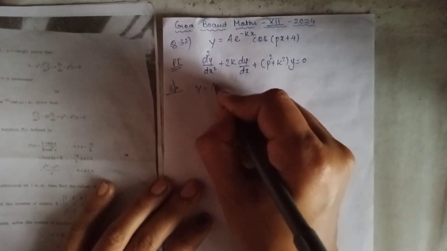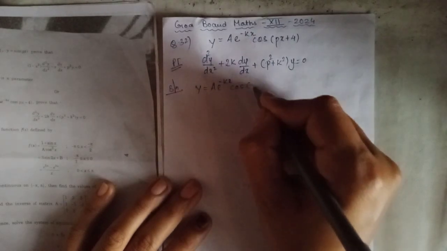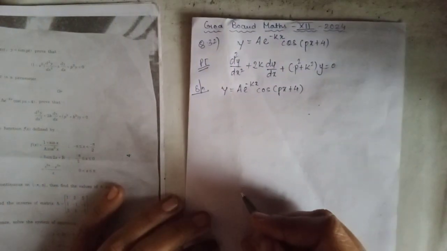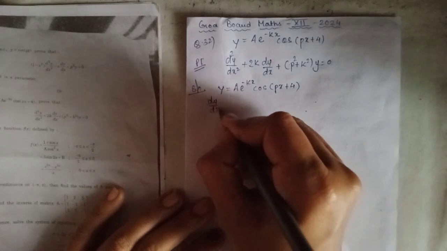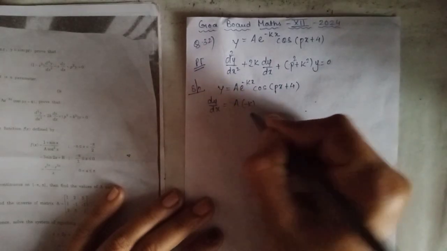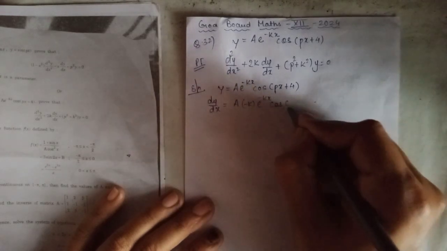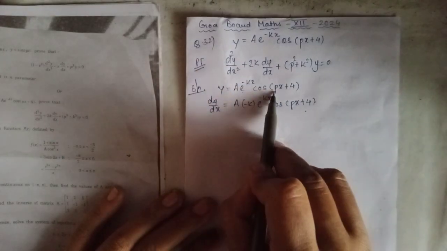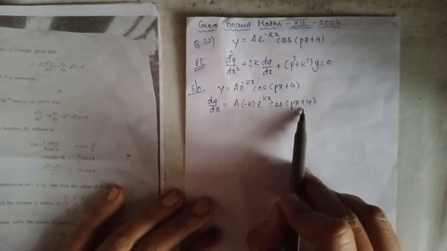Okay, so y is a e raised to minus kx cos(px plus 4). Taking the derivative, dy by dx, we'll get a into minus k e raised to minus kx cos(px plus 4). This is your u, this is your v, so you have to use the uv rule. So u dash I have written.